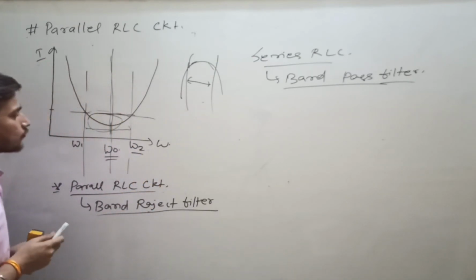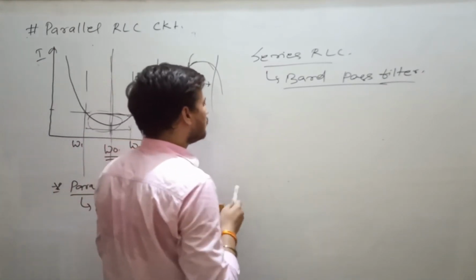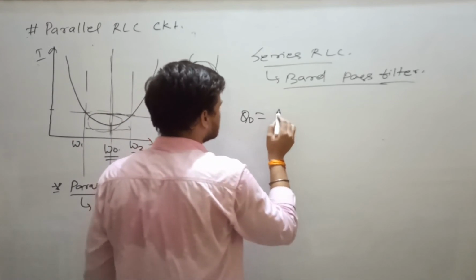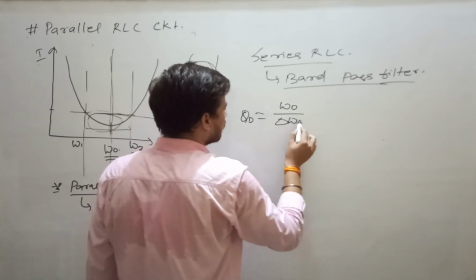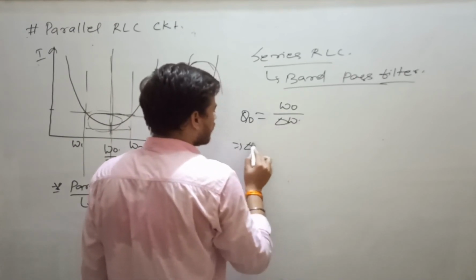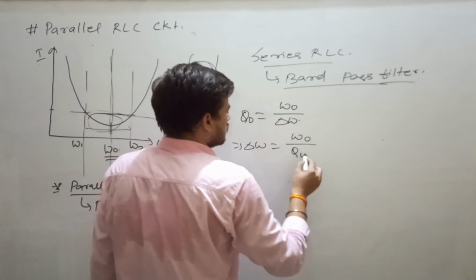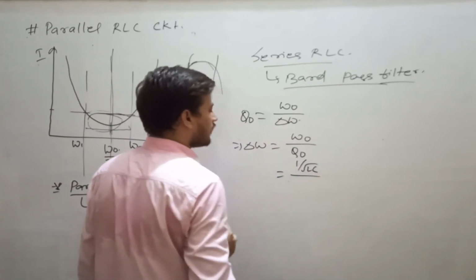Clear? So now we have to write for bandwidth. You will write again Q naught is equal to omega naught divided by del omega. So from here del omega will be equal to omega naught, that means 1 upon under root LC, divided by Q naught.